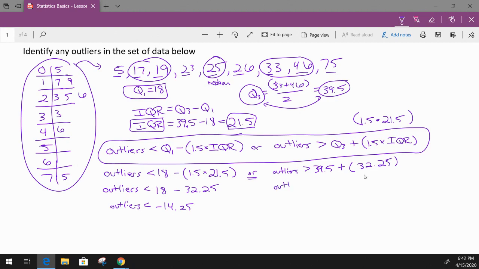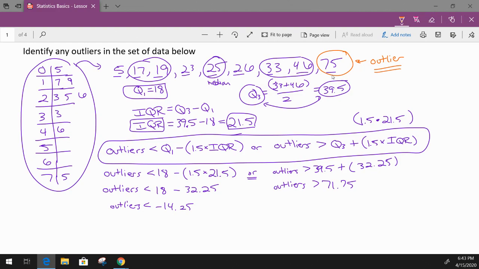So for outliers on the upper end of the data, if I add 39.5 and 32.25, I get 71.75. So an outlier would be anything that's greater than 71.75. If we look at our data, we do have a number that is above 71.75, which means that 75 is an outlier.